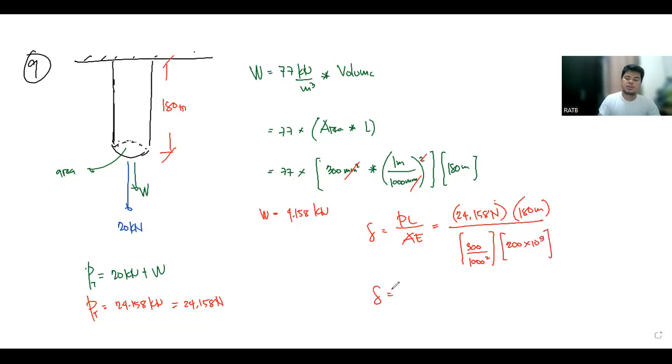So you have there, the total elongation is 0.0725, unit in meters. That's 0.0725. Okay.